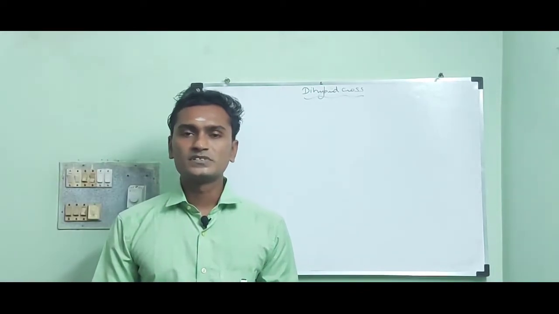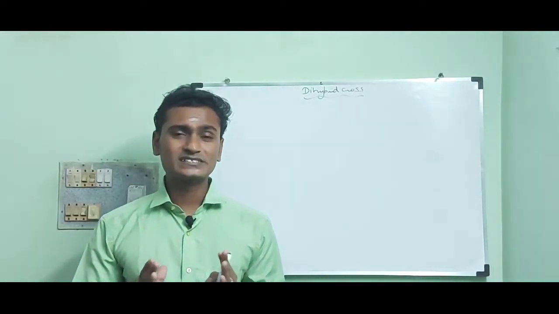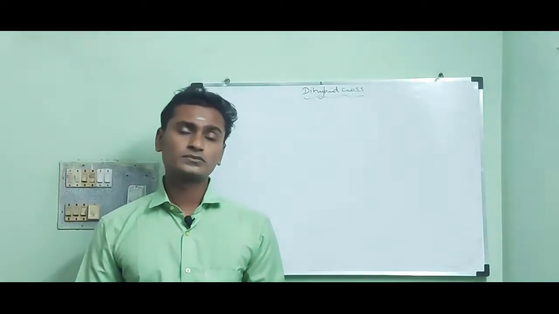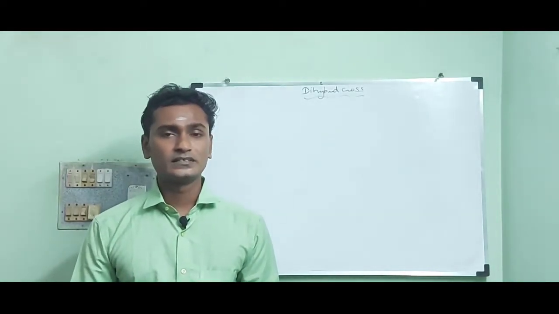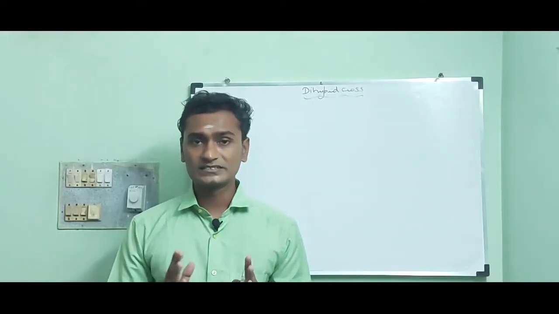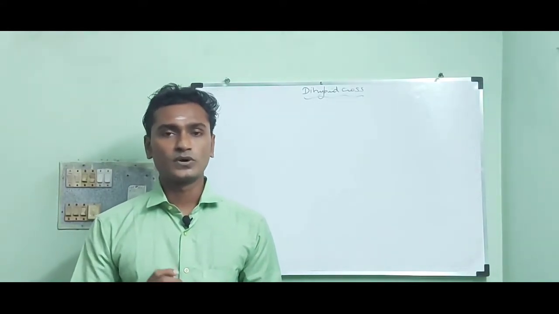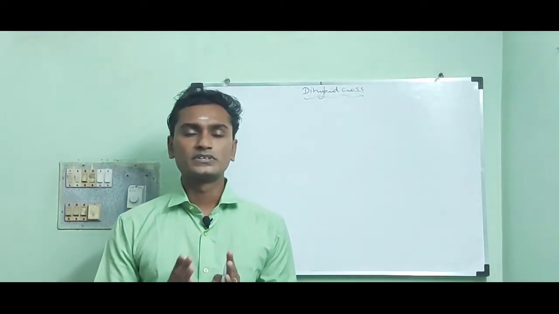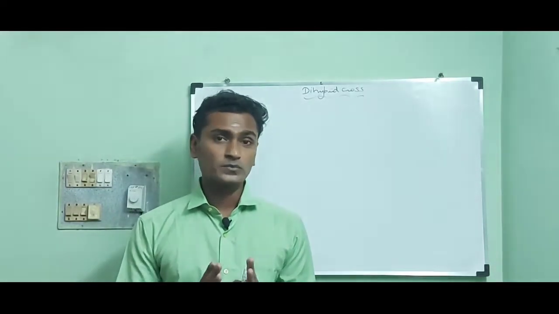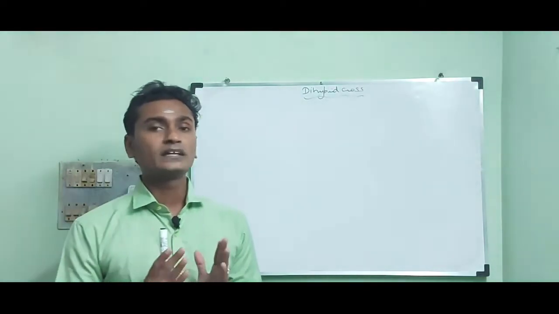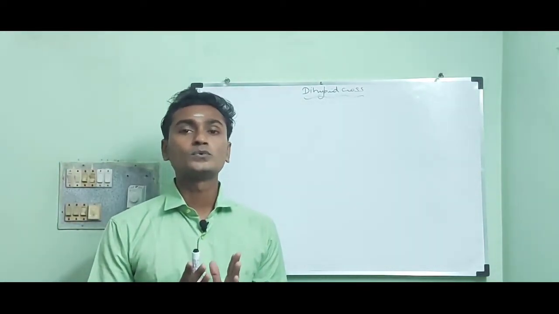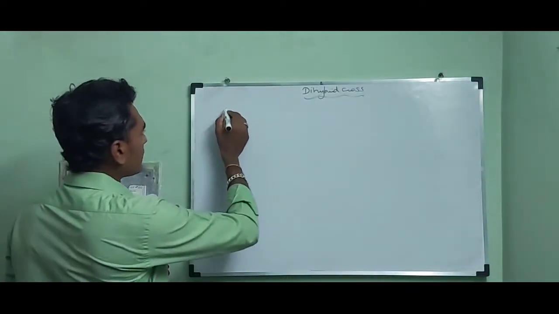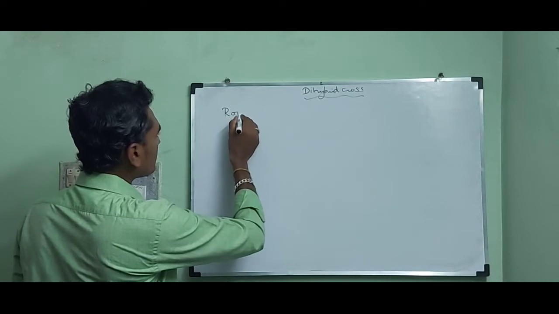For any hybridization experiment, we have to consider three major steps: selection of true breeding parents, cross pollination, and the third is self pollination. So we have to select true breeding parents. Now I am going to write the parental phenotype of the homozygous dominant parent: round yellow.